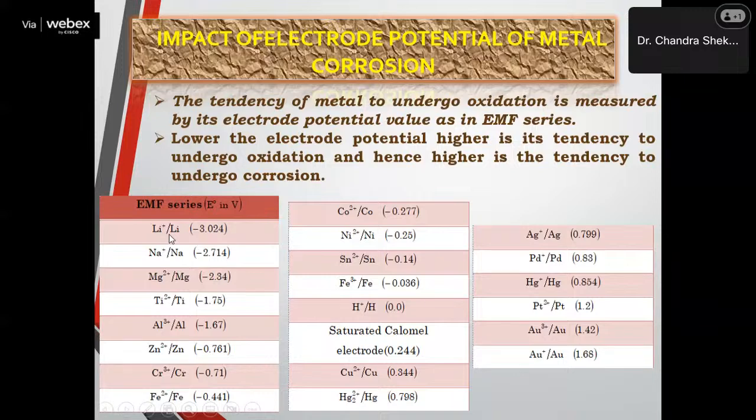Therefore, commonly we observe electric vehicles catching fire. That is mainly because of the very high reactivity of lithium metal. When it is exposed to the environment, it undergoes corrosion with explosive reaction within no time.